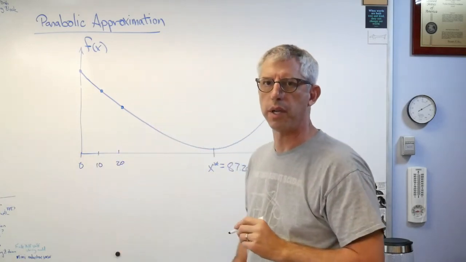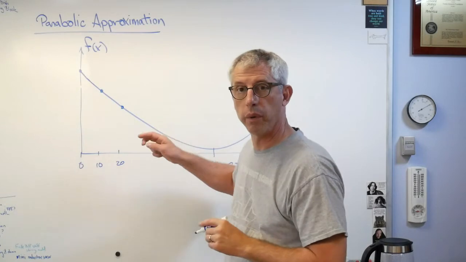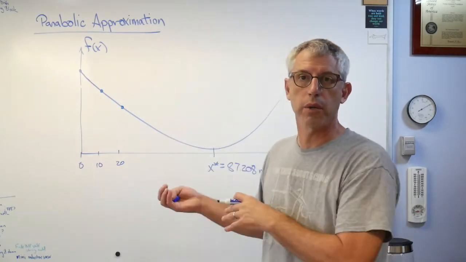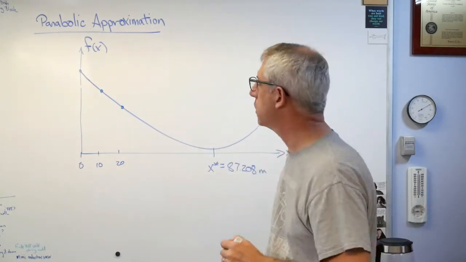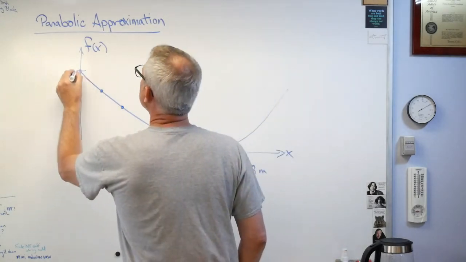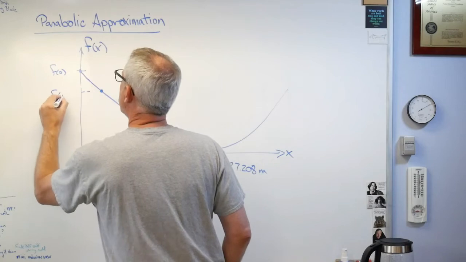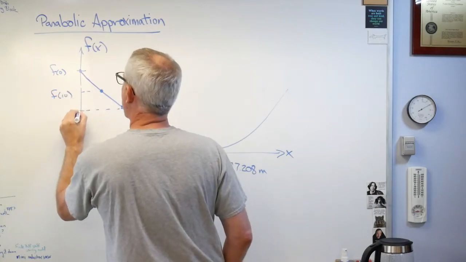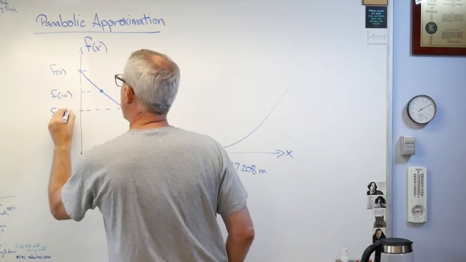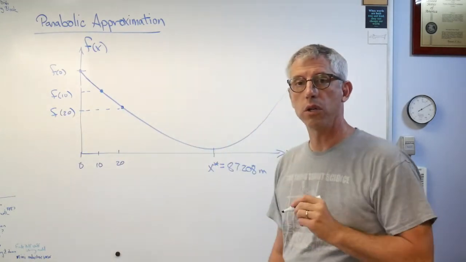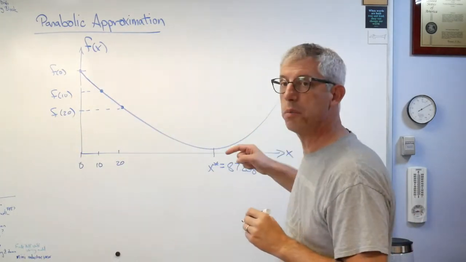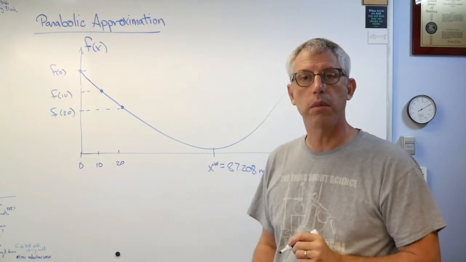Now I'm not going to write this out by hand. When I get to the point where we're doing number crunching here, I'm going to switch back over to MATLAB most likely. But we've got those. We'll figure out f of 0, we'll figure out f of 10, and we'll figure out f of 20. From that, we're going to draw a parabola that goes through all 3 of those points. We're going to find the minimum of that parabola.